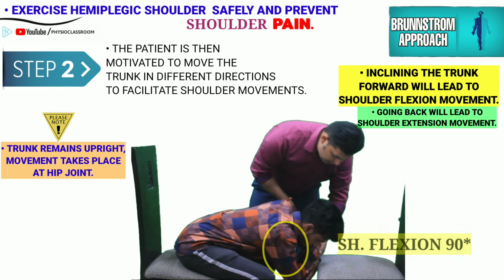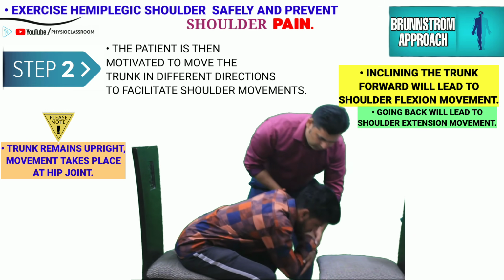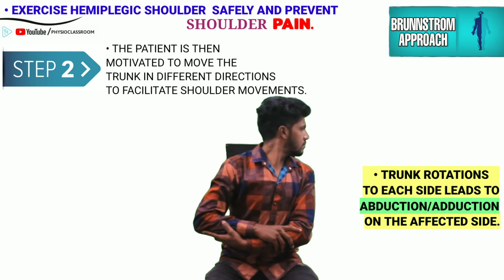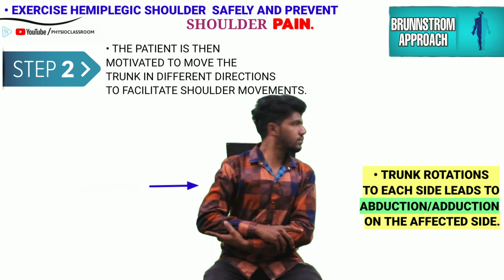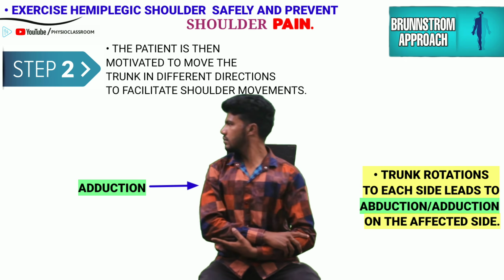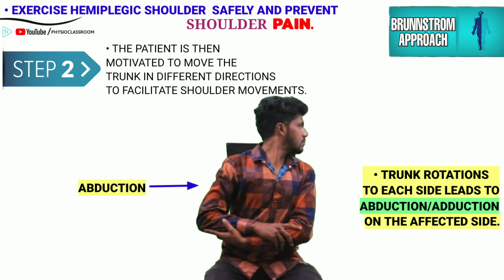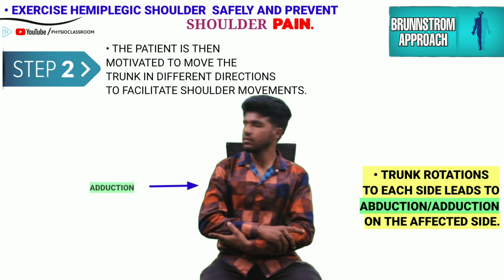The greater the trunk inclination, the more the shoulder range is obtained. Similarly, trunk rotation movements can help in the restoration of the shoulder abduction ranges. Rotation of the trunk results in alternate shoulder abduction and adduction movements.